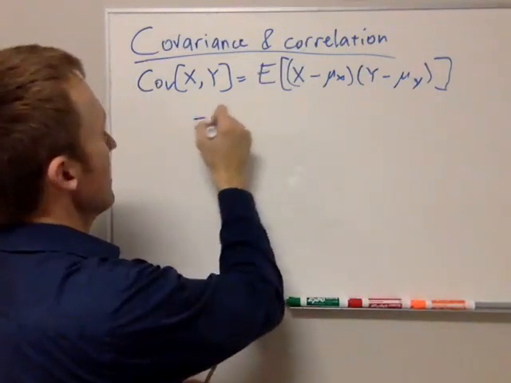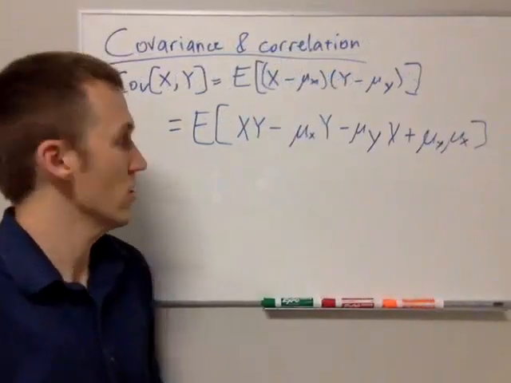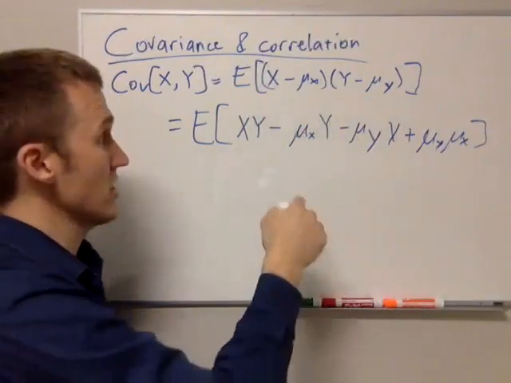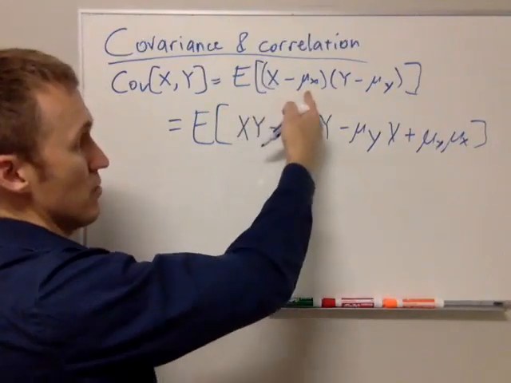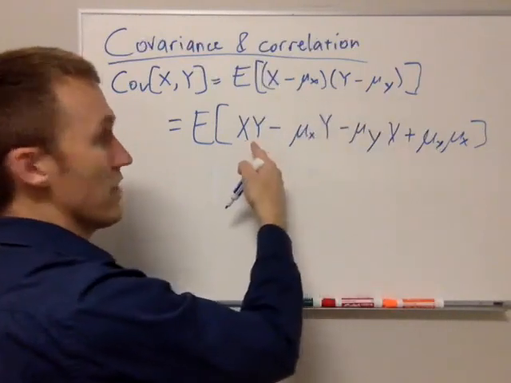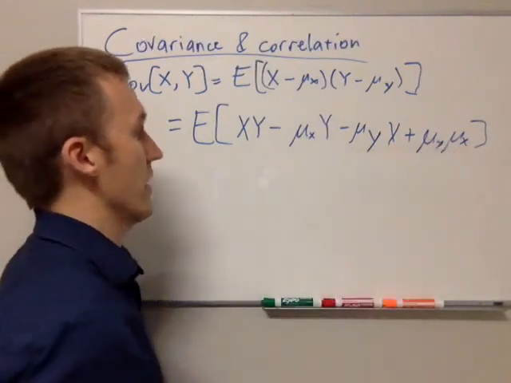So we can write this as the expected value. Alright, so we've just written out this top expression, in other words, expanded the parentheses. The expected value of x minus mu x times y minus mu y is equal to x times y minus mu x y minus mu y x plus mu y mu x.